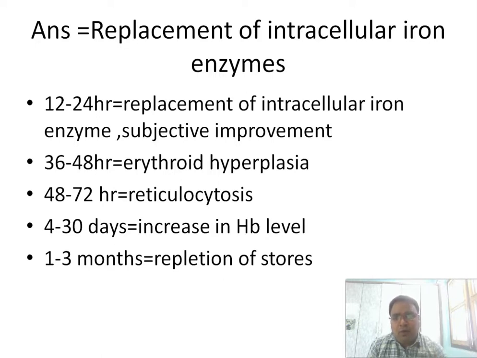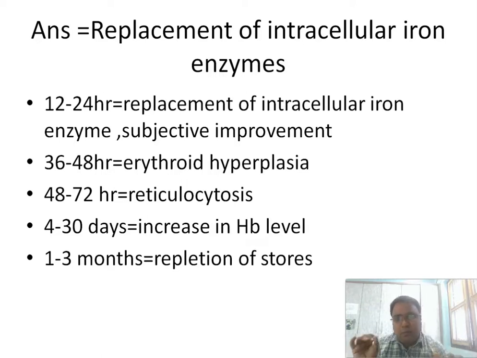Then what will occur afterwards? Within 36 to 48 hours you can get erythroid hyperplasia. Between 48 to 72 hours we can get reticulocytosis. So reticulocytosis, what we are usually answering, can be seen after 48 to 72 hours. Why is it reticulocytosis? Because in the option itself, reticulocytosis might be the earliest response.